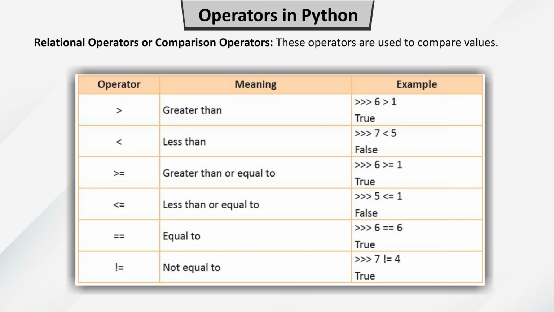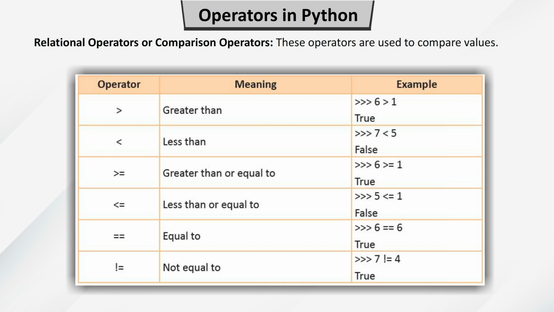Relational operators or comparison operators. These operators are used to compare values. Operator, meaning, example: greater than, 6 > 1, true. Less than, 7 < 5, false.